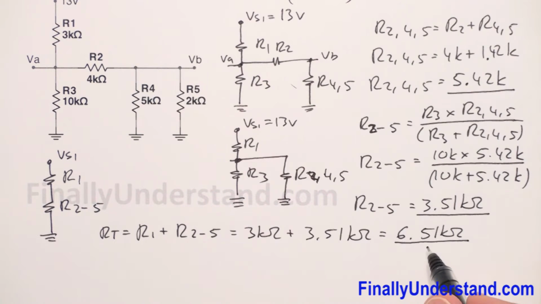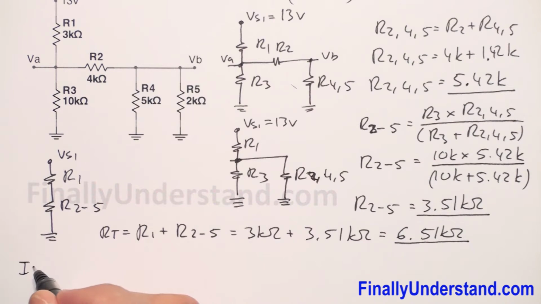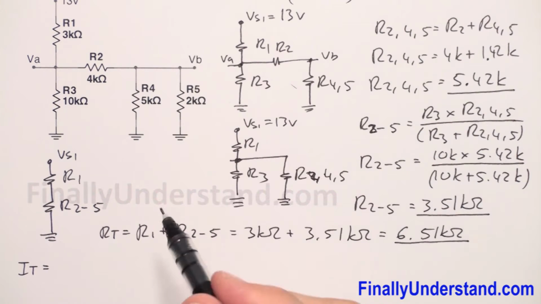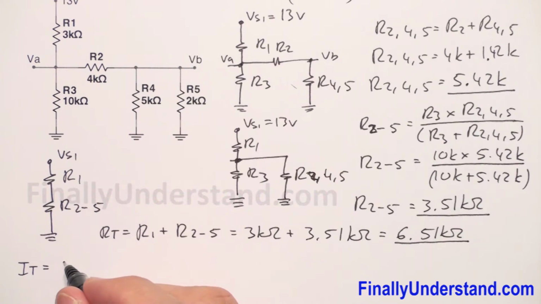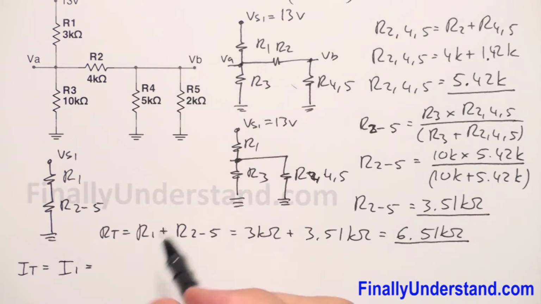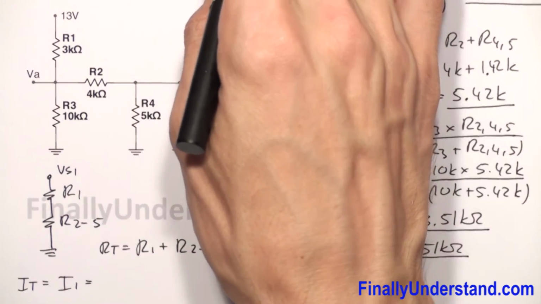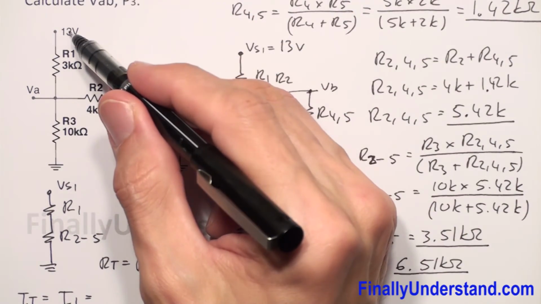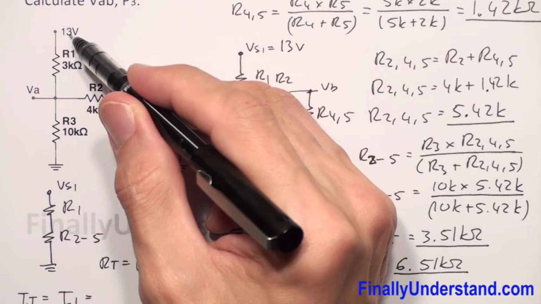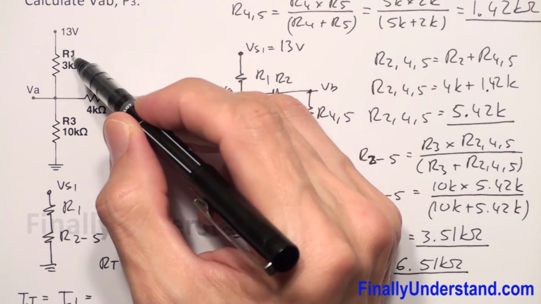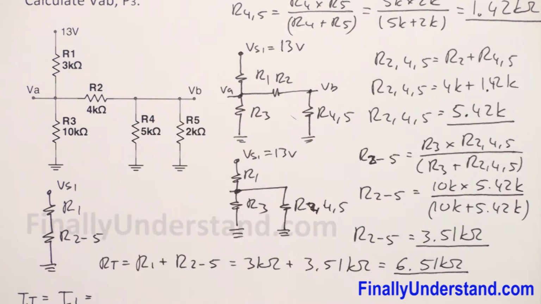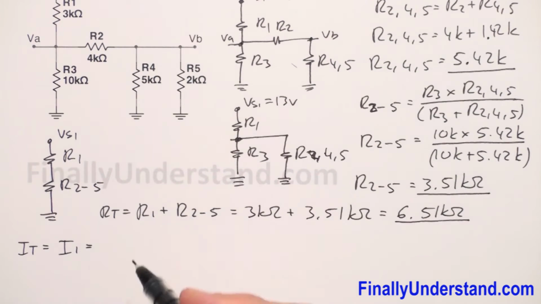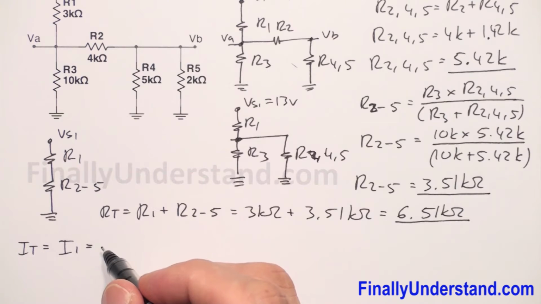If I have total resistance, I can find the total current. Keep in mind that I total is going to be equal to I1. Why? Because the total current is going to flow from the voltage source through the circuit by resistor R1. So that's why I total is equal to I1. I'm going to use Ohm's law to find I total.